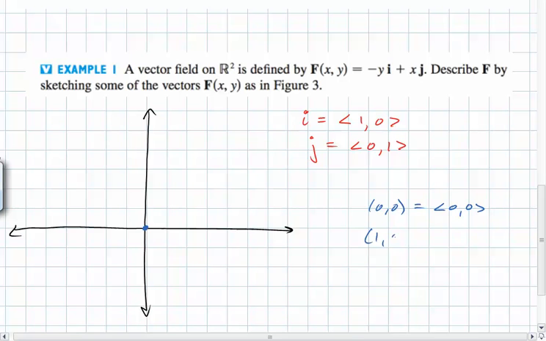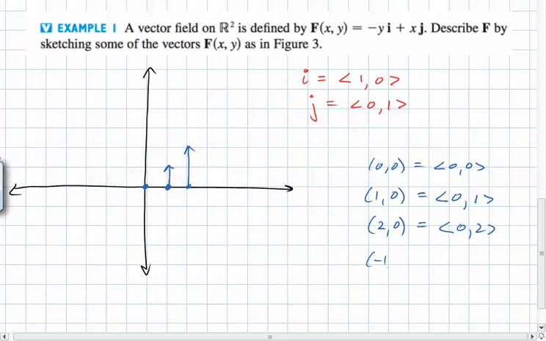What about at the point (1, 0), when x is 1 and y is 0, what does it become? (0, 1). So what does the vector (0, 1) look like? So it's at this point, and where does it go? Straight up 1. What about at the point (2, 0)? Straight up 2. So this one starts here and goes up 2.